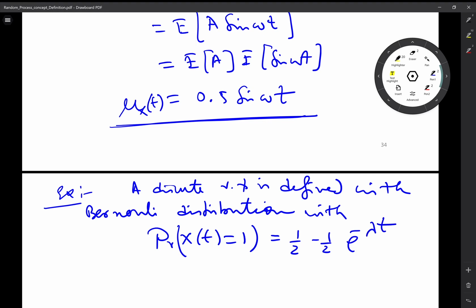Okay, and X(t) can be 1 or 0, so the probability of 0 will be the rest of the thing.